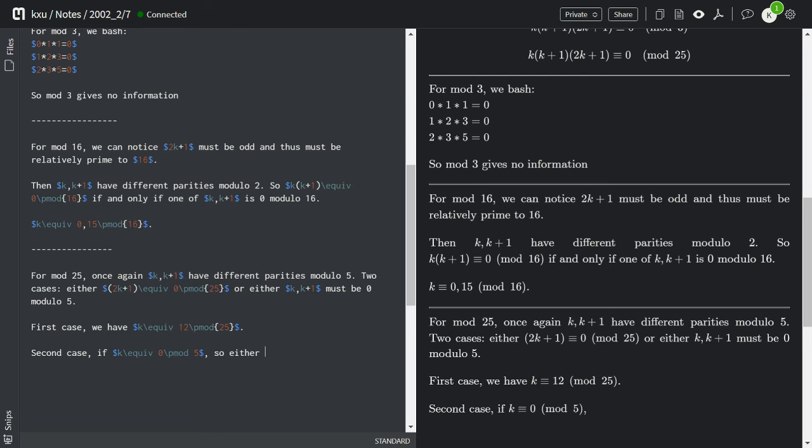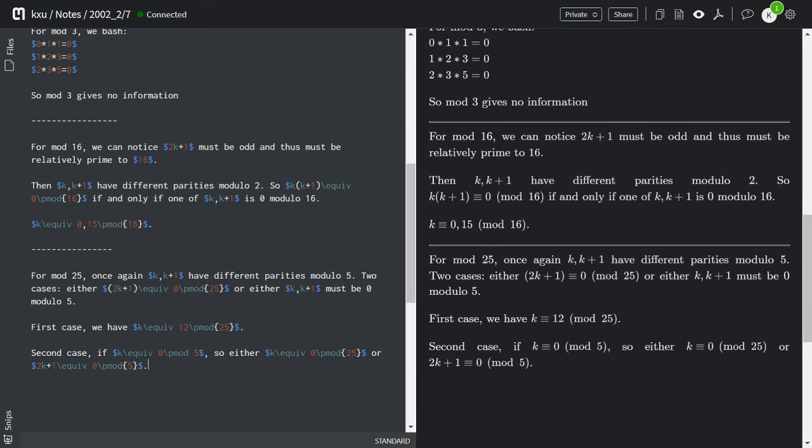So either k is equivalent to 0 mod 25, or 2k plus 1 has to be 0 mod 25, or 5. So basically we're just doing some casework.